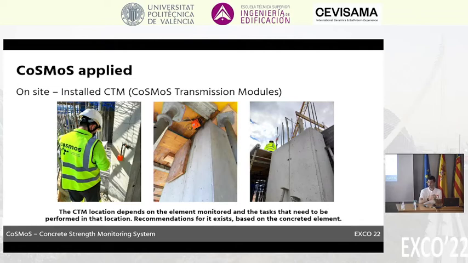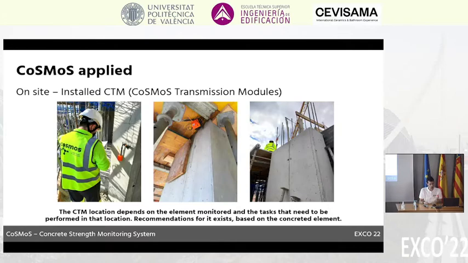This transmission device is installed out of the formwork, so inside concrete we only have that small sensor. Its location depends a bit on the concrete element that we are monitoring, but usually it's a location where it does not interfere with other tasks that are going to be performed, and can be left there for at least between 4 to 14 days, depending on how long you want to monitor for.